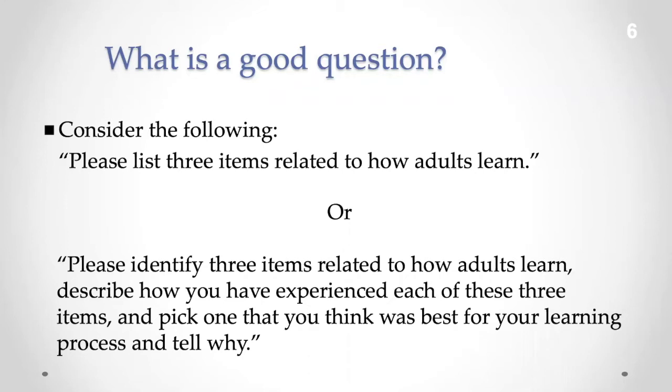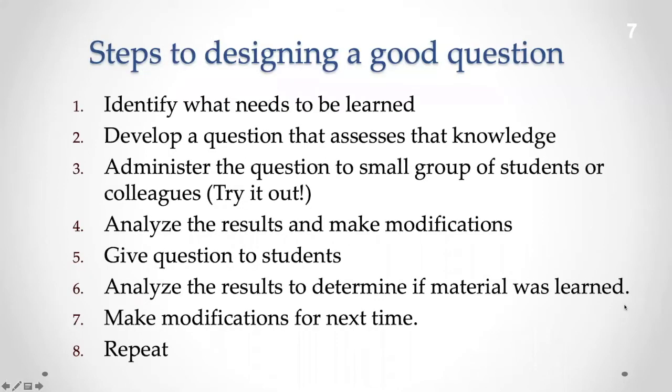And so the steps that I would recommend you take are these steps. Thinking about backwards design, identify what needs to be learned. It's important that you think about the concepts that you want your students to take away from your classroom, and what you want them to gain from this process as they go through it. And then develop a question that will assess that knowledge.